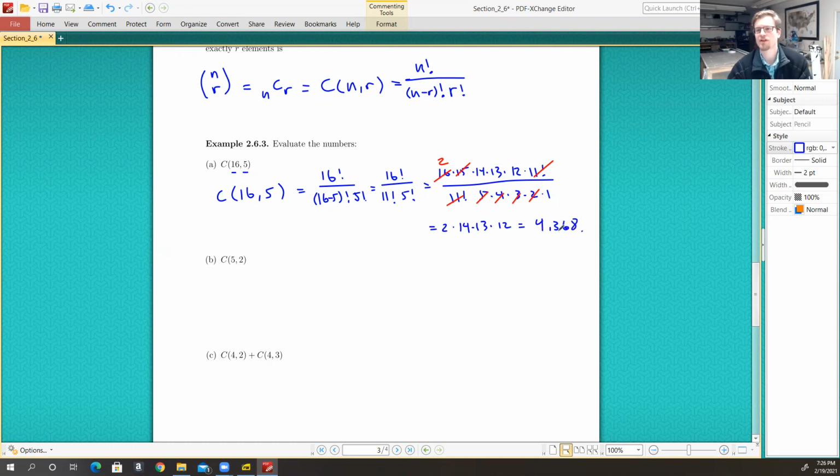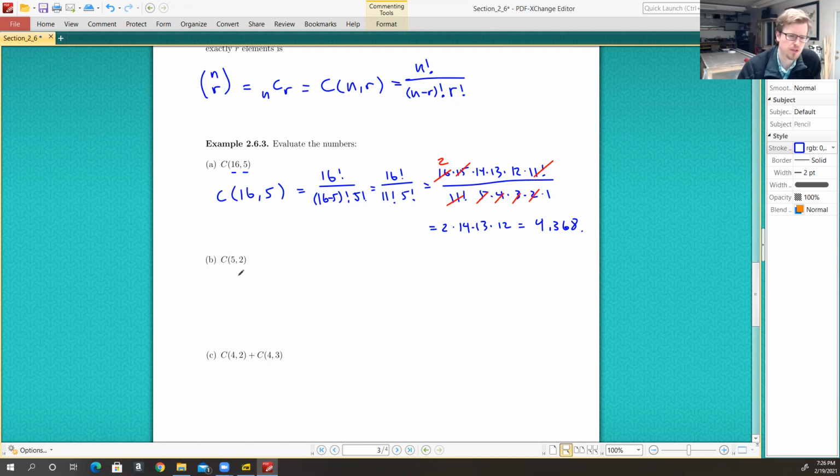So there are 4,368 subsets containing exactly 5 elements for a set that originally contained 16 elements. Or you can think of it as the way to choose 5 things from 16. All right, so what about the number of combinations of 5 choose 2, right?